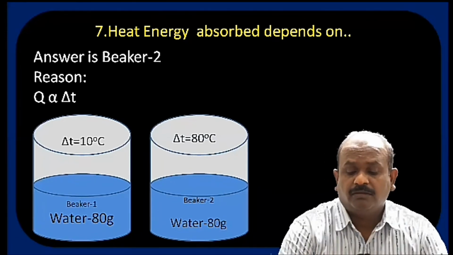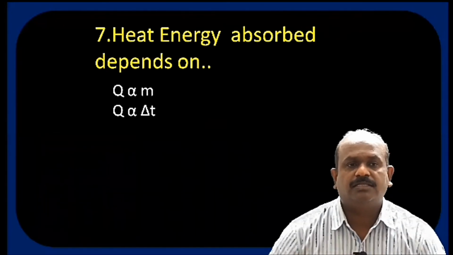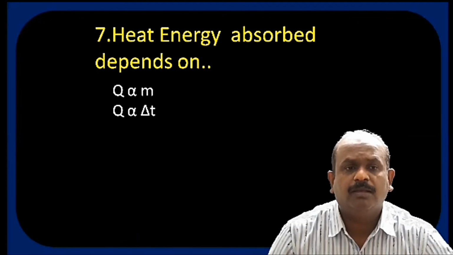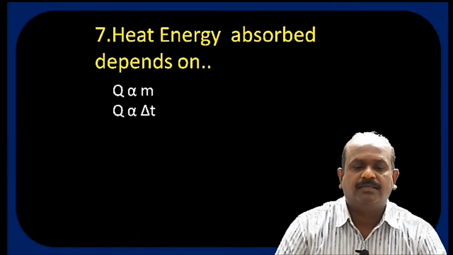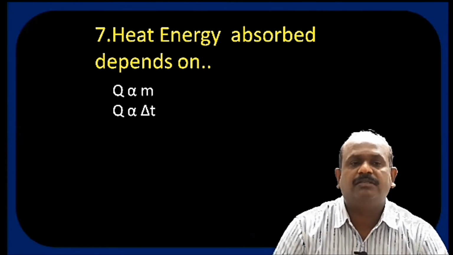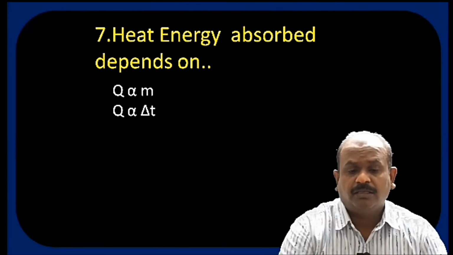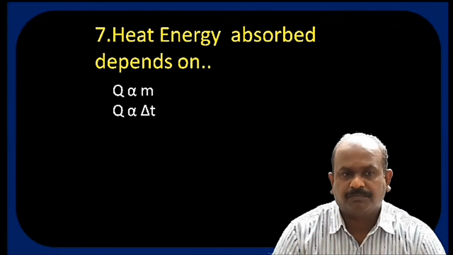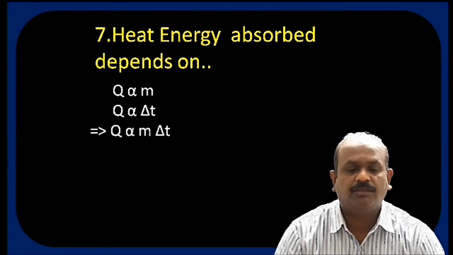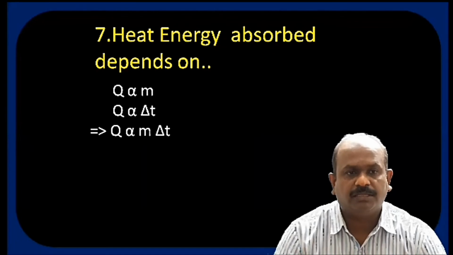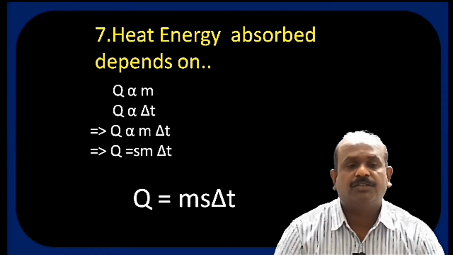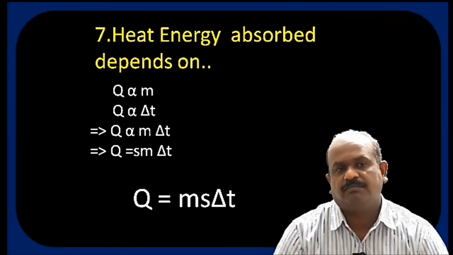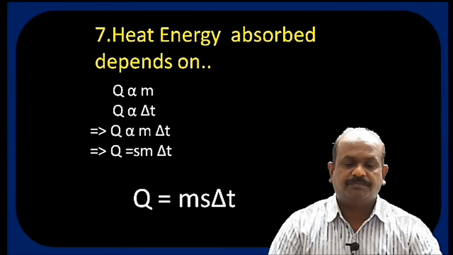Okay. From these two activities, what we can say is the amount of heat absorbed by the substance is directly proportional to the mass of the substance, and Q is directly proportional to the temperature difference. Q is directly proportional to m and Q is directly proportional to delta T. I can combine these two equations like this. Q is directly proportional to m delta T. That implies Q equal to S times m delta T. Here S is the specific heat of the substance.